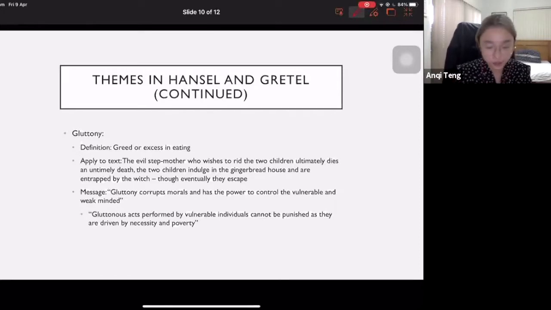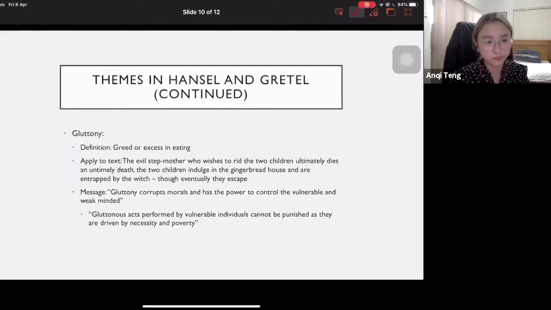Whereas when it comes to the two children, they don't have a choice. They're extremely vulnerable and impoverished people who are just taking what they have found or stumbled upon, right? So obviously, very different ideas, and it makes for two clear body paragraphs that you can talk about and really understand how gluttony is a multifaceted human trait.